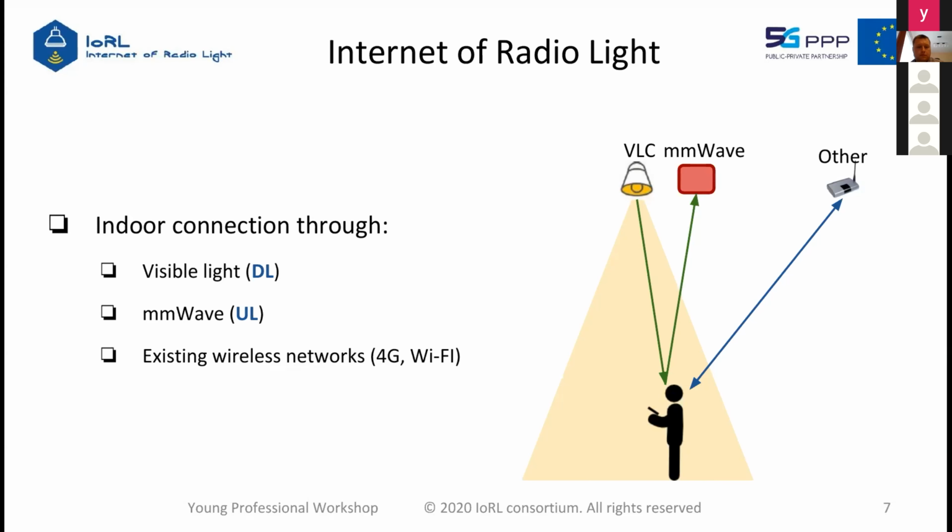Of course, we can receive data through visible light and millimeter wave, as has been explained before. But it is also possible to be connected at the same time using other existing or state-of-the-art technologies, such as 4G, Wi-Fi, or maybe other kinds of Wi-Fi technology, and all of that connected to the same global system, for example.